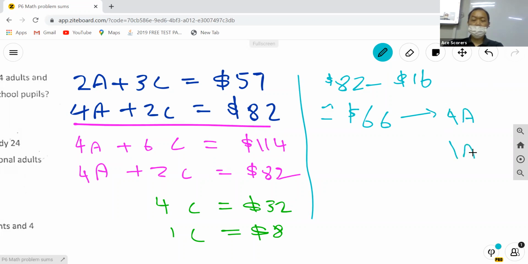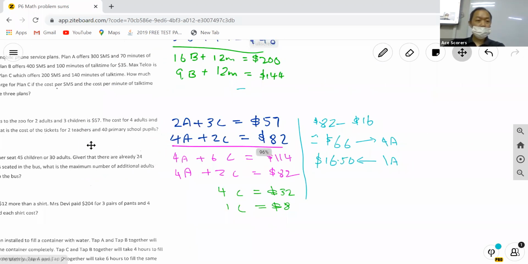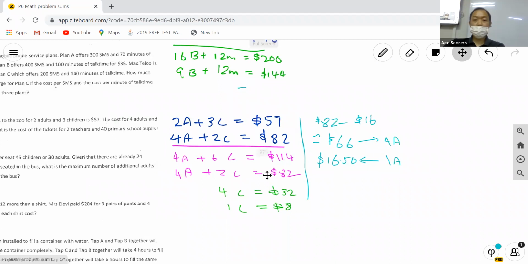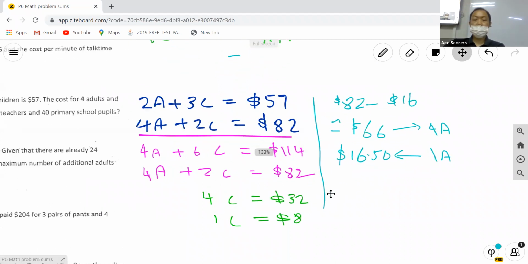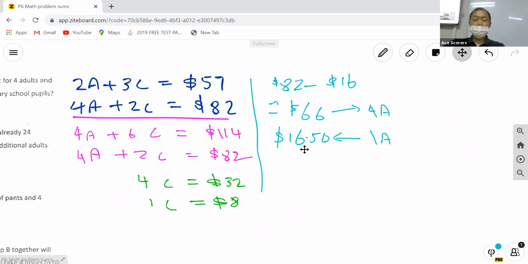Right, so what's the cost of one adult? I can't do mental sum for this. 66 divided by 4 is $16.50. So one adult is $16.50. We have 2 teachers and 40 children. If one adult is 16.50, 2 adults will be 33.